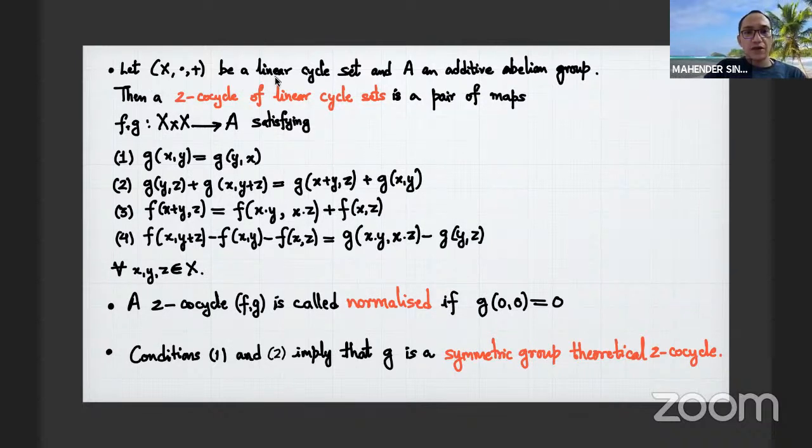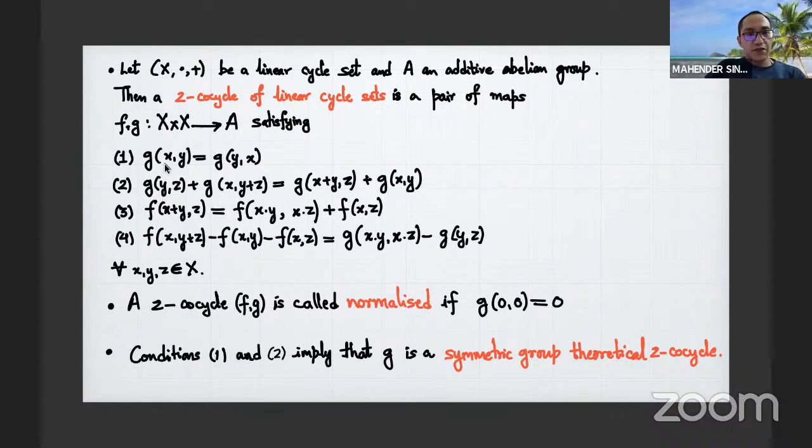So suppose you have a linear cycle set X with multiplication dot and addition plus, and an abelian group A, which for convenience we'll write additively. Then a two-cocycle of linear cycle sets is actually a pair of maps from X cross X to A, satisfying these properties.